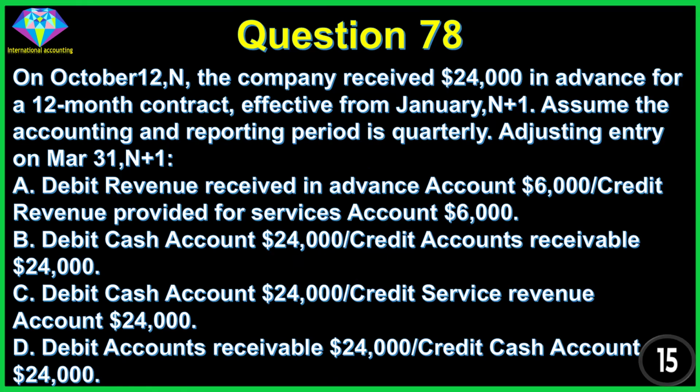C. Debit cash account $24,000 per credit service revenue account $24,000. D. Debit accounts receivable $24,000 per credit cash account $24,000. Debit revenue received in advance account $6,000 per credit revenue provided for services account $6,000.